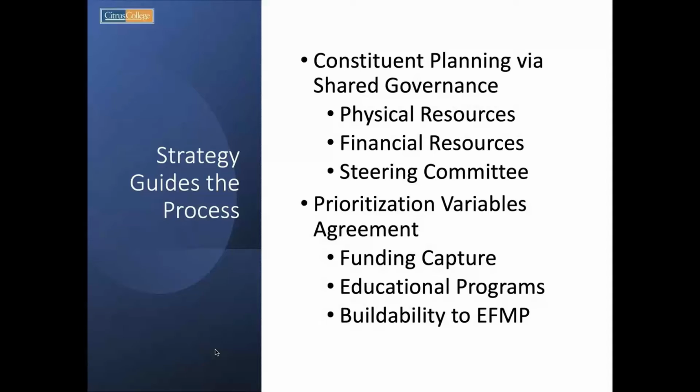Maybe you have an educational program where you have too many students. There's not enough space for them to be housed in order to deliver the educational program. There's other points for different types of programs. For instance, career technical education is a strong need in the state of California. You actually get 25 extra points if you have a building that is going to house CTE.